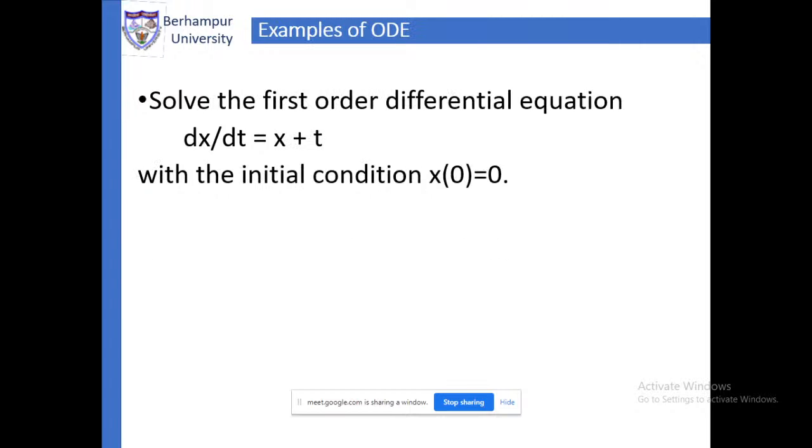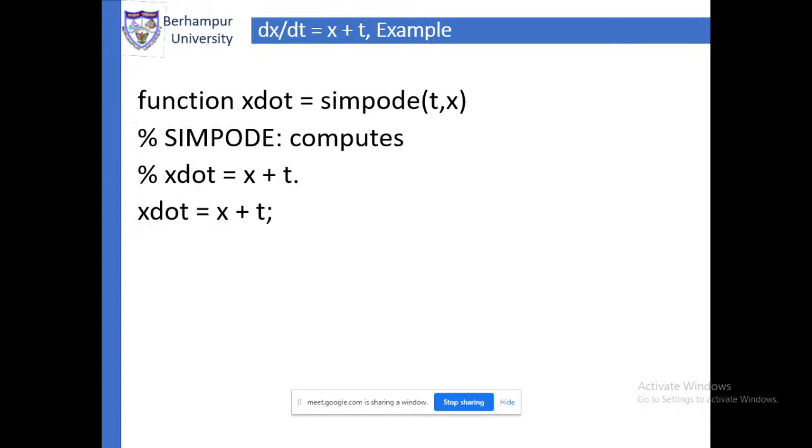For example, we are given the first order differential equation as dx by dt is equal to x plus t, with initial condition that when t is equal to 0, x0 is equal to 0. So try to solve this. What we will do is first define that function. So function xdot is equal to simpode(t,x). Simpode is the name of the function.